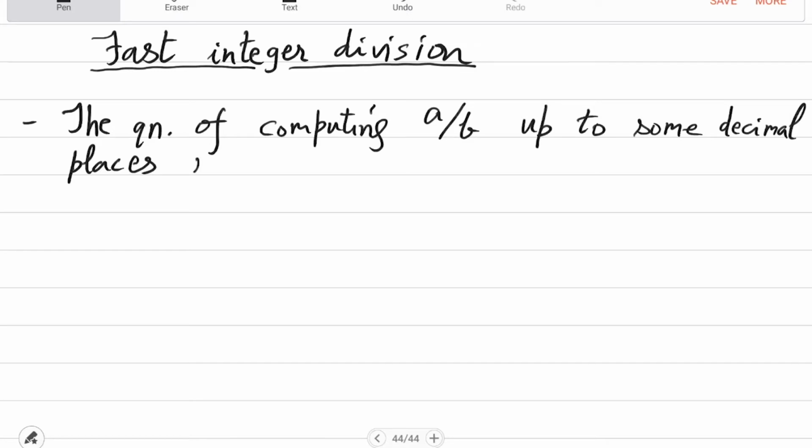So this reduces to simply an inversion problem, which is inverting b. So you just want to compute 1 by b up to some precision in decimal representation.